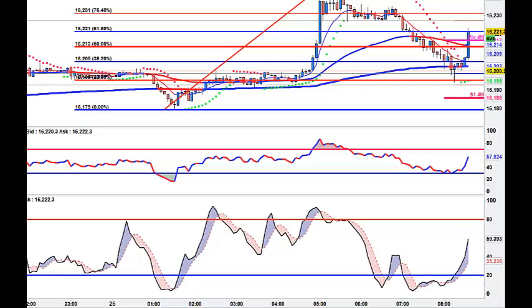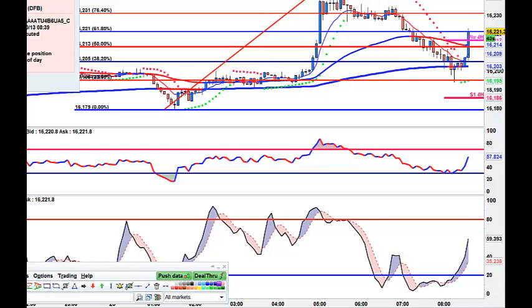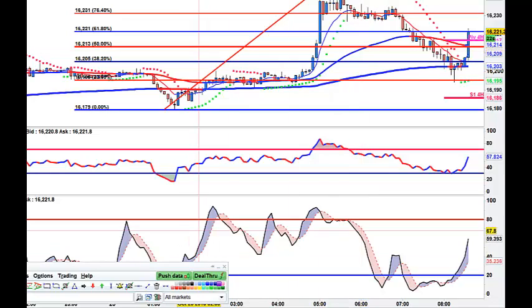Got about 23, 24 points here. Okay, so just taking that off. And now I would look to reload if I can see it pull back down to these levels here. Otherwise I'm just going to leave it, stand aside, and then wait and see how the data handles.